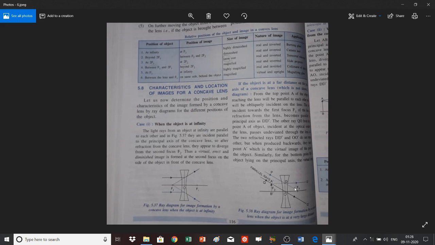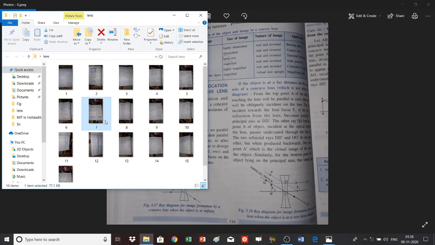So this ray PQ is converging to F1, and it will move in this direction after refraction. If you extrapolate these in the backward direction, then this ray and this ray will meet here. So here you will obtain A prime B prime, the image of the object, and this image is upright obviously, and obviously it is virtual. So it is virtual and upright. Okay, so go to the next one.